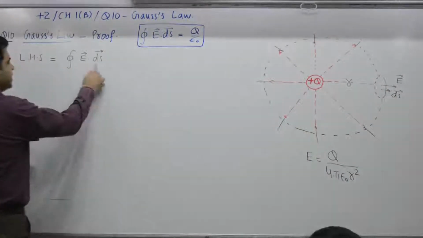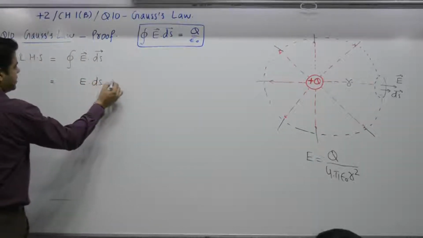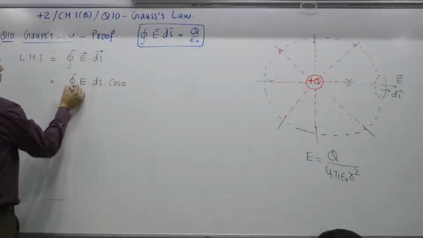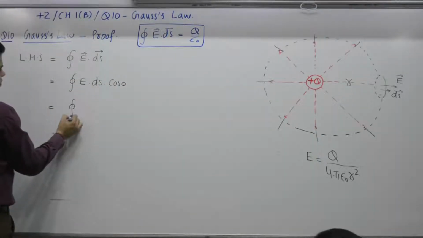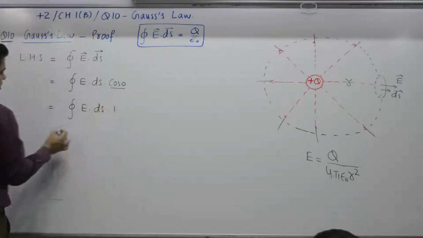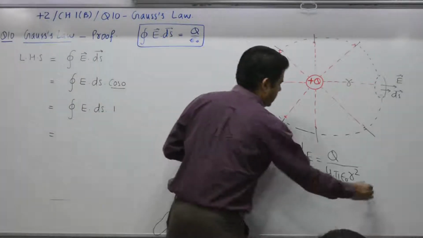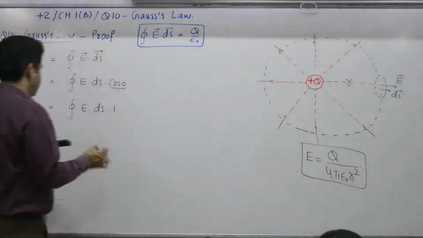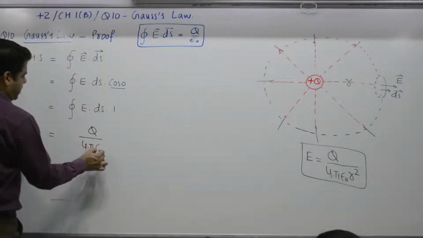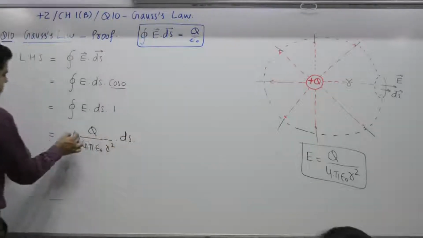So E and ds are parallel. So E ds cos, the angle between E and ds is what? 0. It is E ds, cos 0 is what? 1. E at this point is equal to Q by 4 pi epsilon r square into ds.